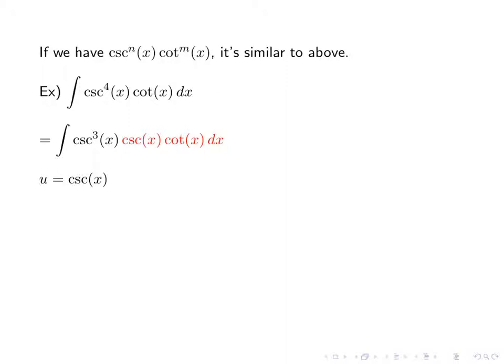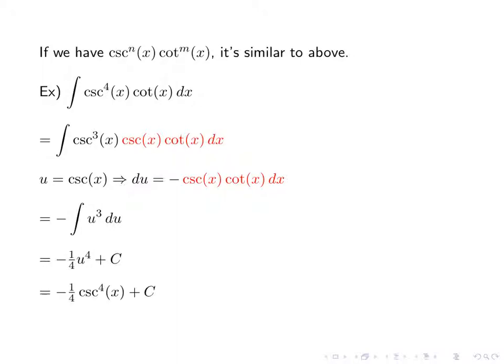And we're going to let u equal cosecant, again, because du is now negative cosecant cotangent. So again, the idea is to get what we have. And then plugging in the u substitution, we get the negative integral of u cubed du, we integrate, and then we plug back in what u is.